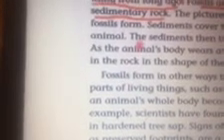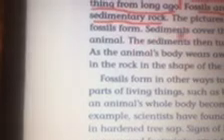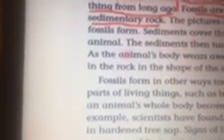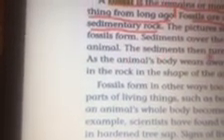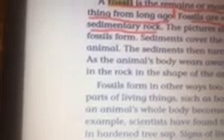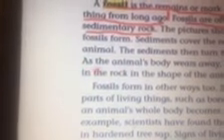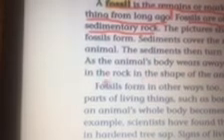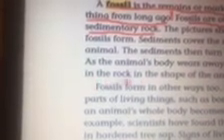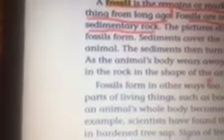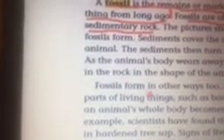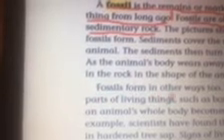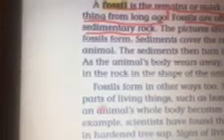Here, the first one: sediments cover remains of an animal. The sediments then turn to rock over time, as I showed you. Also, as the animal's body wears away, it leaves a mold in the rock in the shape of the animal's parts. Other fossils are actual parts of living things such as bones.